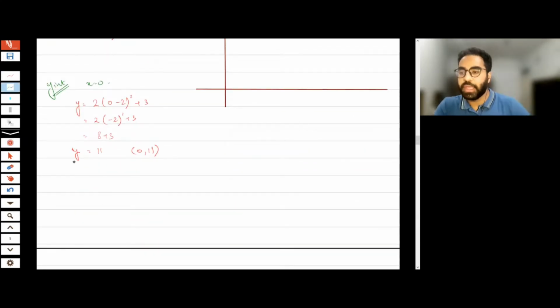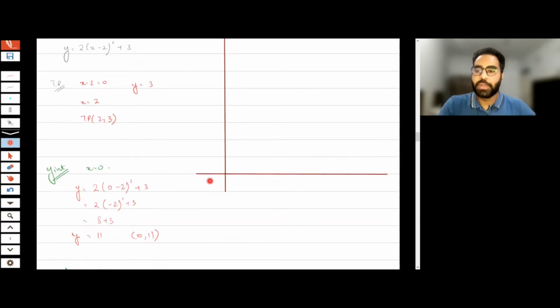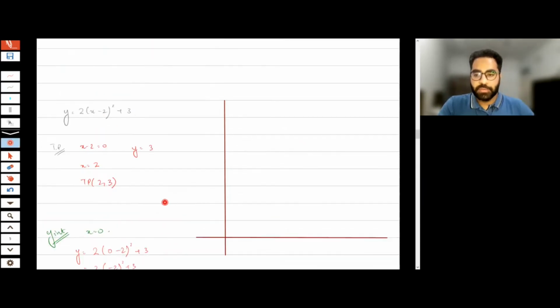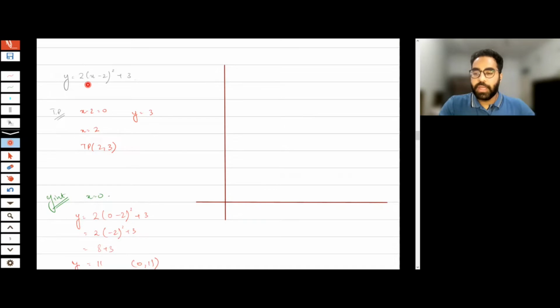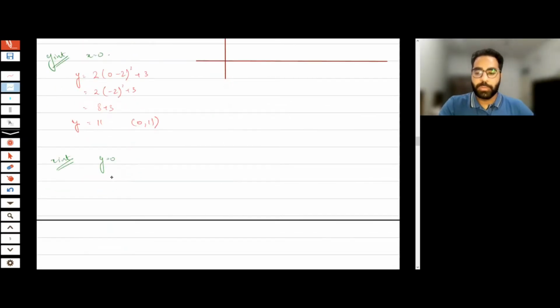Let's talk about the x-intercepts. For the x-intercepts, you know that y would be taken as 0 because the x-intercepts lie on the x-axis. So if I take y as 0, I'm going to get 0 equals 2(x minus 2) whole square plus 3. I'll make (x minus 2) whole square the subject. So I'll get (x minus 2) whole square equals minus 3 upon 2.